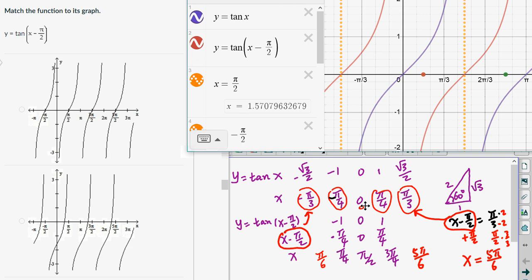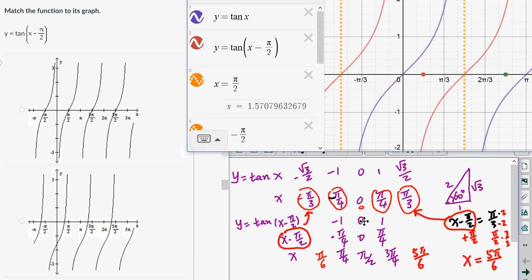For example, when x minus pi over 2 is 0, then x has to be pi over 2. Because you plug in pi over 2 here, subtract pi over 2, you get 0. Then tangent of x minus pi over 2 would be tangent of 0.